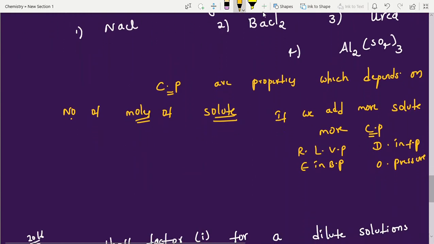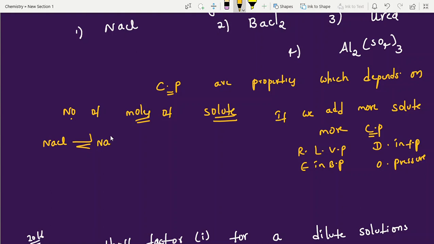Okay. Finally, here they are given 4 options. You can calculate. So NaCl. How can NaCl dissociate, students? Na plus and Cl minus. If you put it in water, 1 plus 1, how many particles? Option 1, 2 particles. Option 2 similarly, barium chloride, how does it dissociate? Barium plus 2 Cl minus.